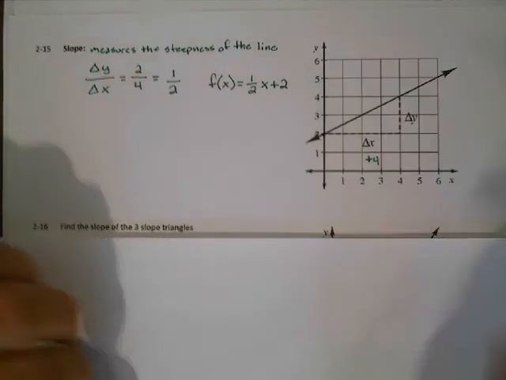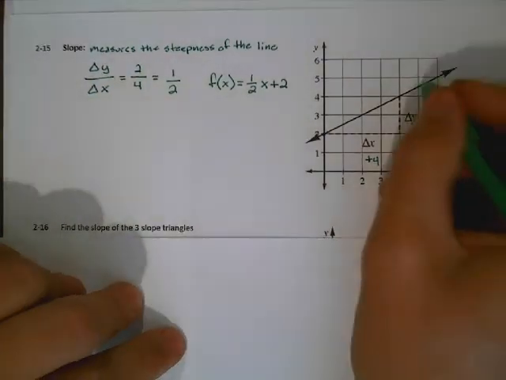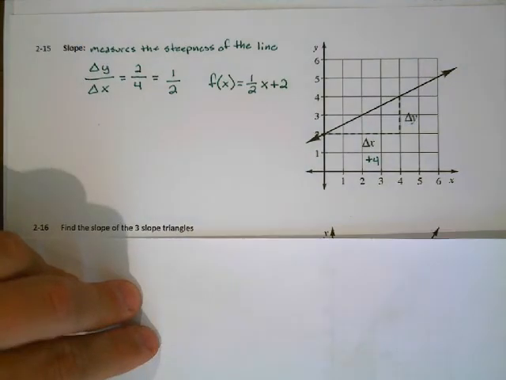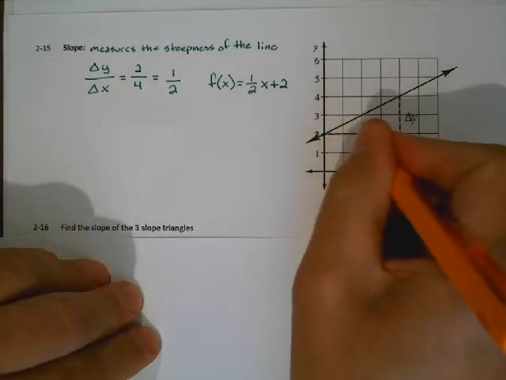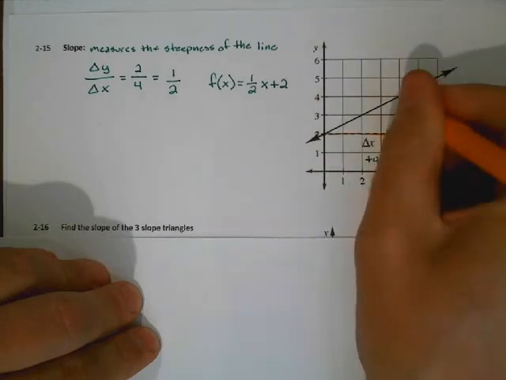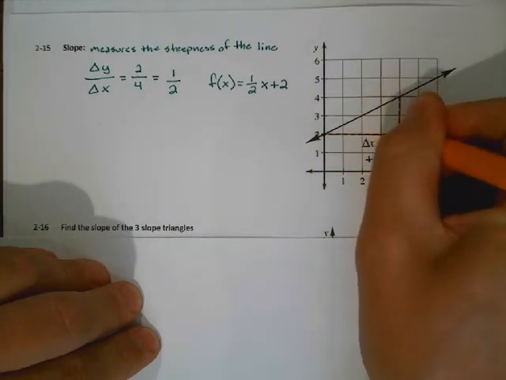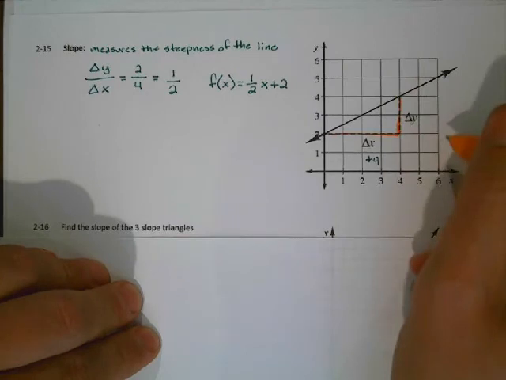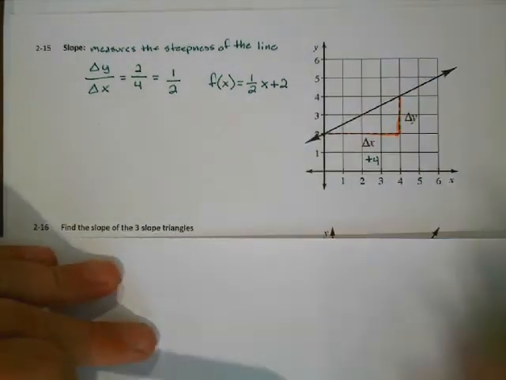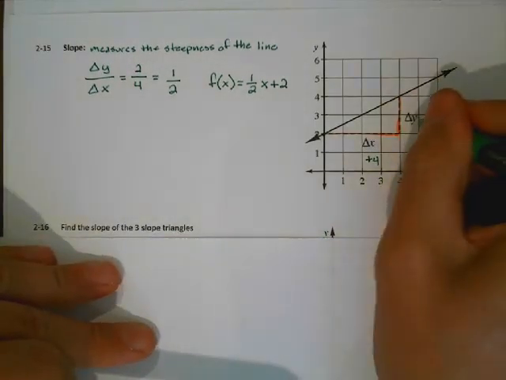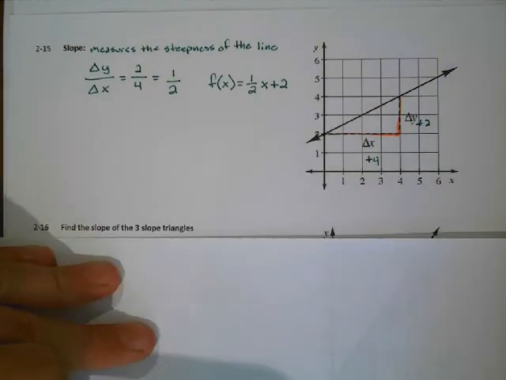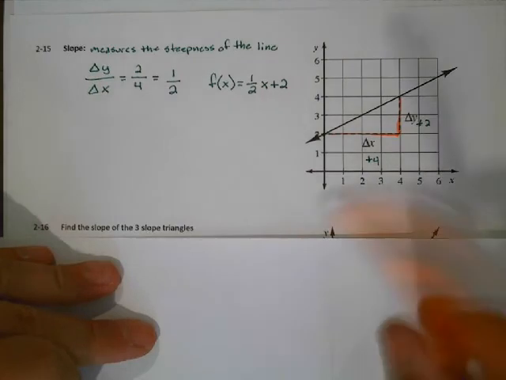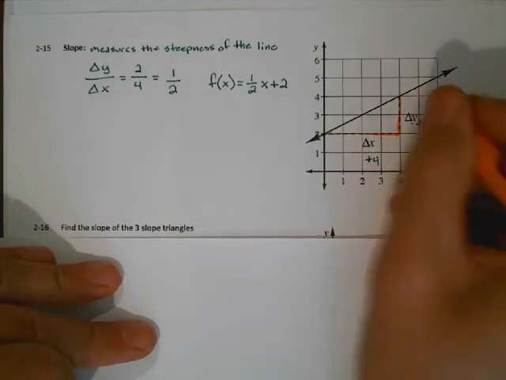Now, if we just checked and saw what the slope would be, and we call these slope triangles here. So this change in x and change in y, we call this a slope triangle. So we would say, okay, this was +4, this one would be +2, and so we do 2 over 4 to find that slope. But let's look at just a 1-unit increase.